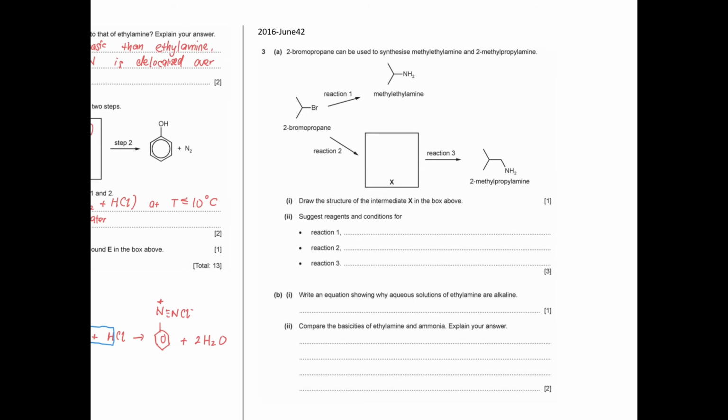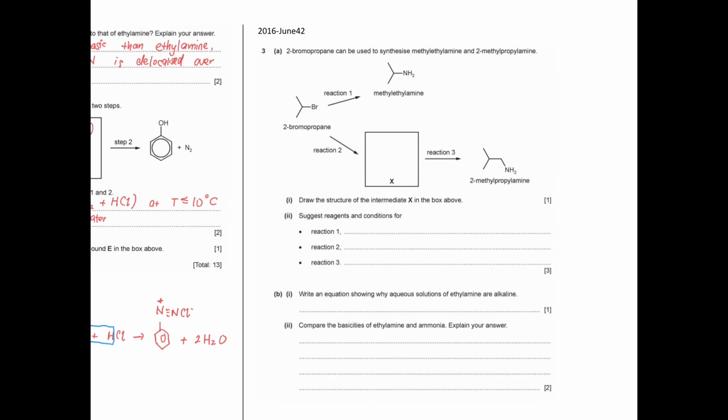This side. 2-bromopropane can be used to synthesize methylethylamine and 2-methylpropylamine. Okay, so which is the product? Okay, the product. So this is the one, methylethylamine. So the structure is like that, and then 2-methylpropylamine. It looks like that.